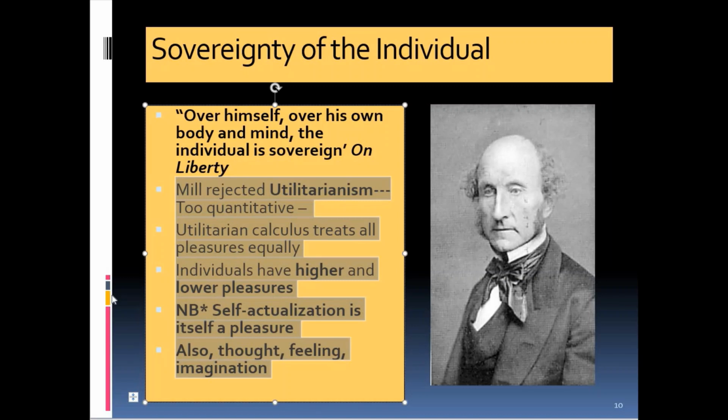And I suppose none of those are necessarily wrong or right for Mill. You have diffuse pleasures, but in some sense for Mill, self-actualization is itself a pleasure. The idea that you can individually pursue your own path through life, and you can exercise your own freedom, and you can pursue your own desires and your own pleasures, right?